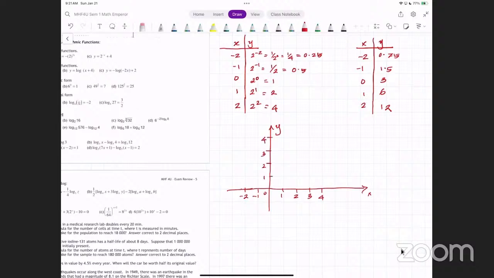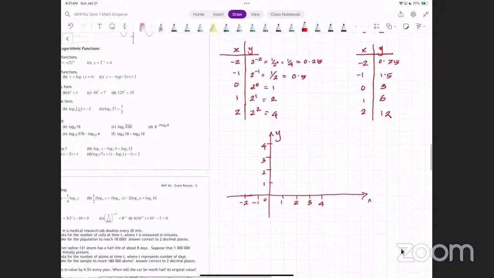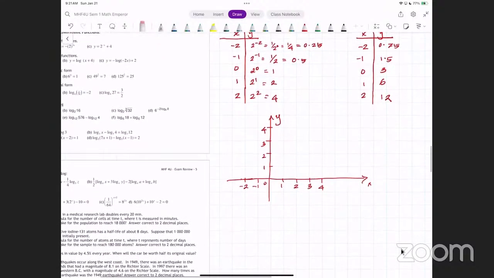Well, you can see that I need to change that y scale a little longer because I can go up to 12. So I have an option to change this to 2, 4, 6, 8, 10. I don't have the 12, that's fine.